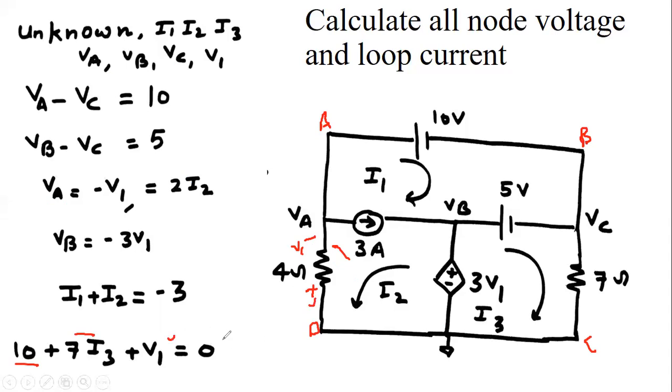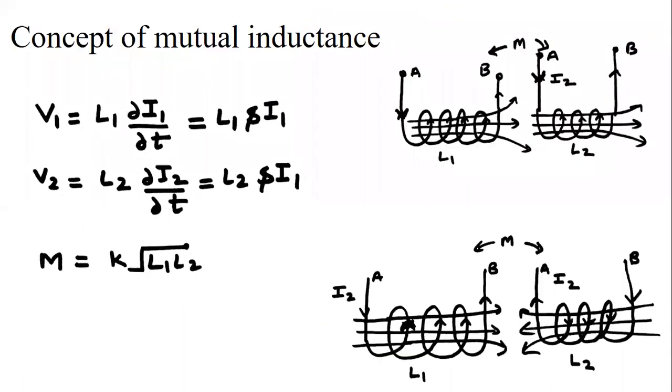So now we have a total of 7 equations for 7 unknown variables. By solving these one by one, we get all the values of node voltages and loop currents and the value of V1. Okay, now next we are moving on to the concept of mutual inductance.